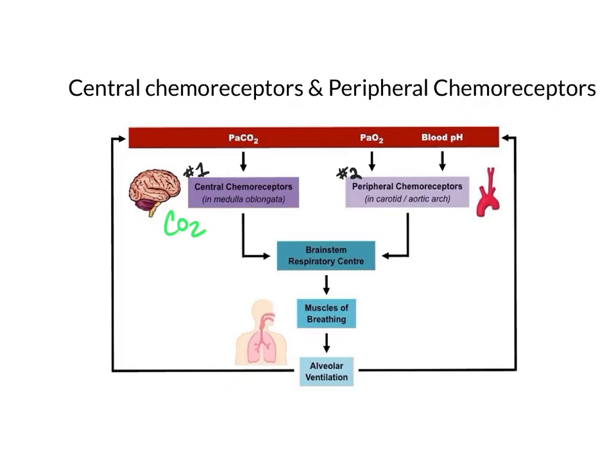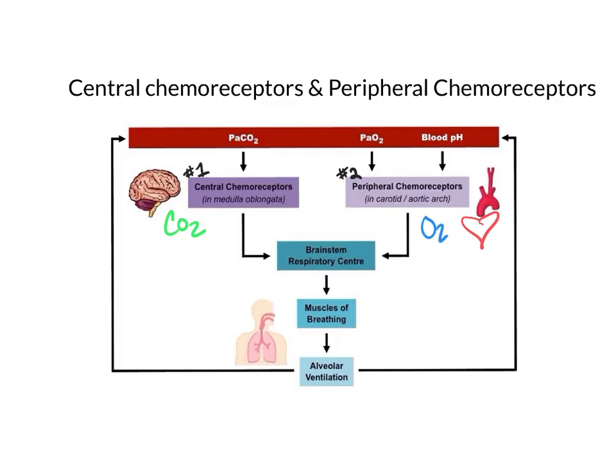And they are located in the carotid and aortic arch. What's that close to? Yeah. And that's coming right off of our lungs, right? As circulation goes through. And so that is actually not going to be measuring CO2. That's going to be measuring O2 for these chemoreceptors.